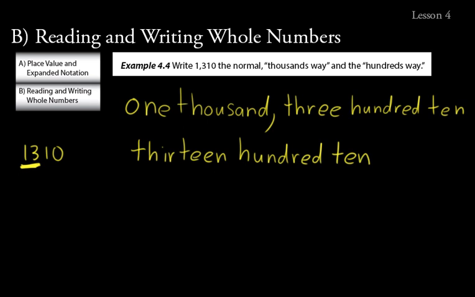That's the hundreds way. So put an H with a circle there. This is the thousands way. So put a capital T with a circle there to represent the thousands way. So those are two different ways to write a number like that.